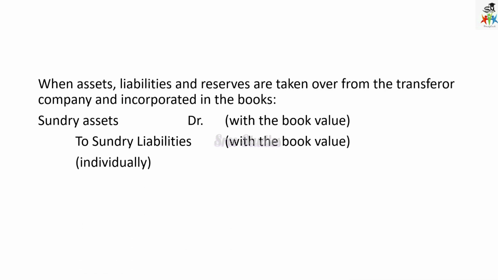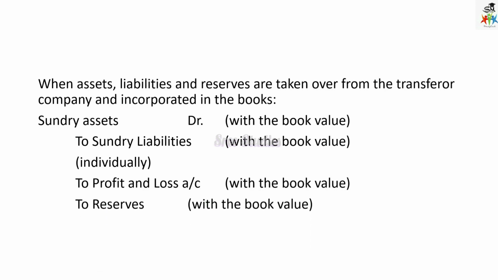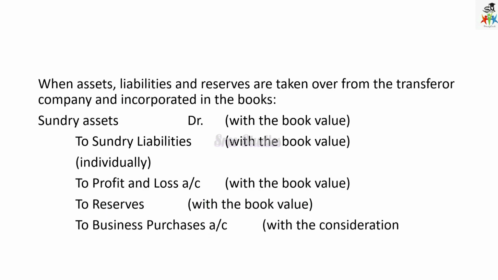We have to take everything individually with the book value. Then profit and loss account, if anything is there, then reserves with the book value, and then business purchases with the consideration. So this is about the journal entries for incorporation of assets and liabilities.